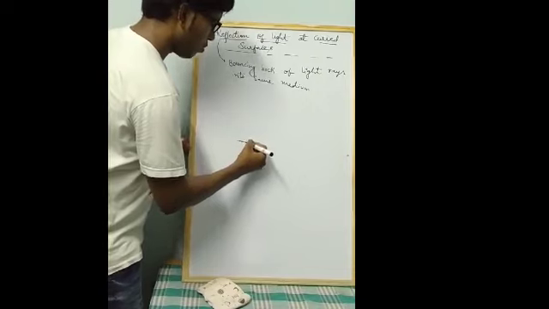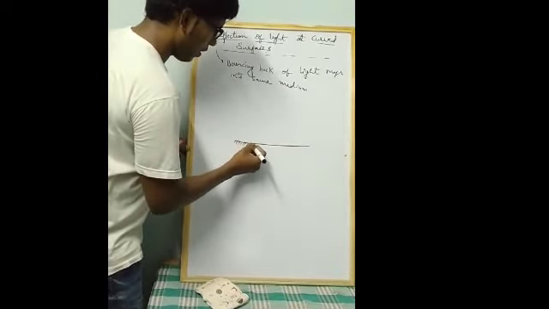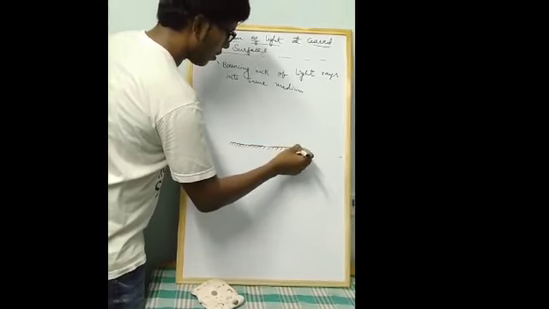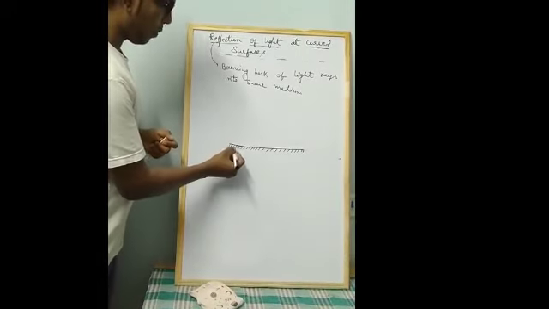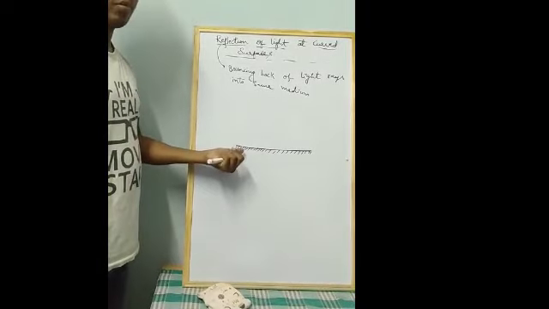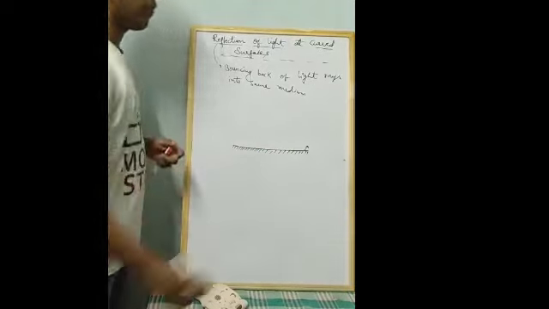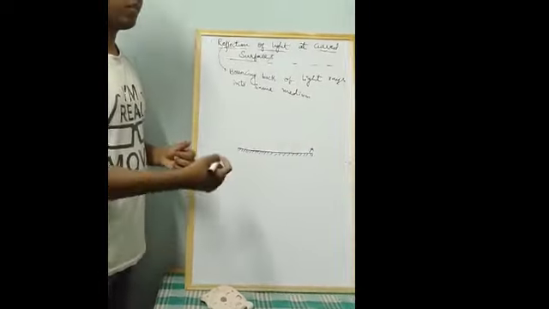Assume this is a plane mirror, which is denoted like this. This part denotes that it is painted, so we will not get any image on this side, and the other part is the reflecting part where we can see the image or our own picture.